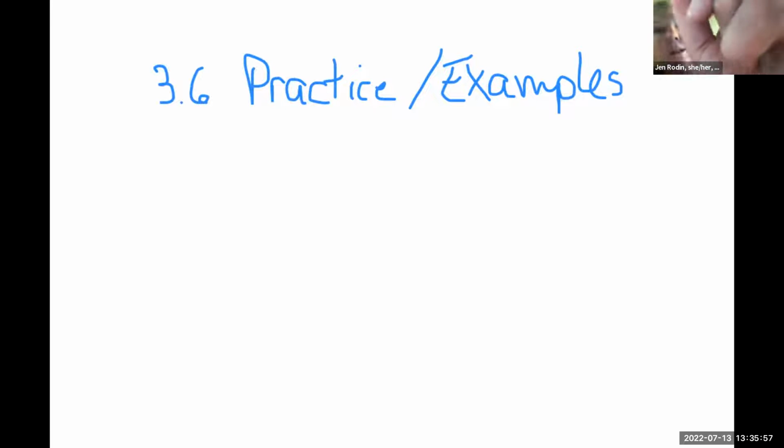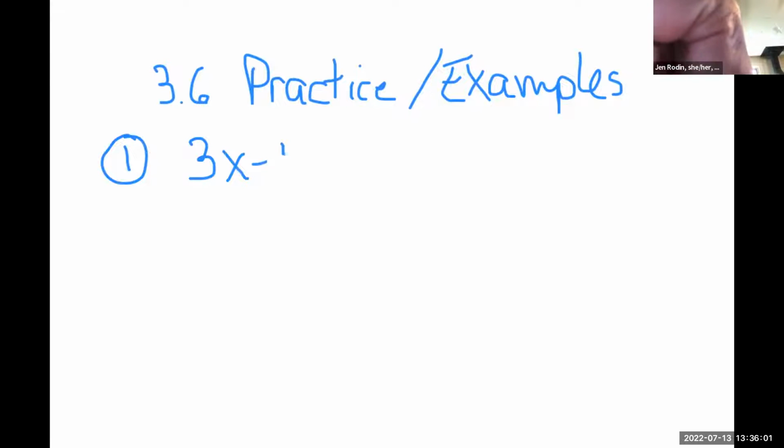Let's say 3x minus 5 is less than 29. Oh, not equals. Where's my arrow?